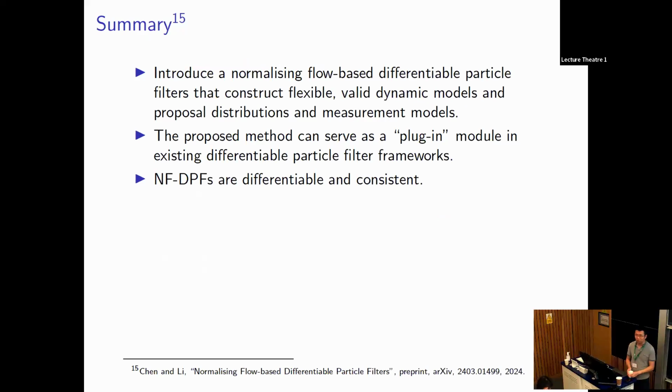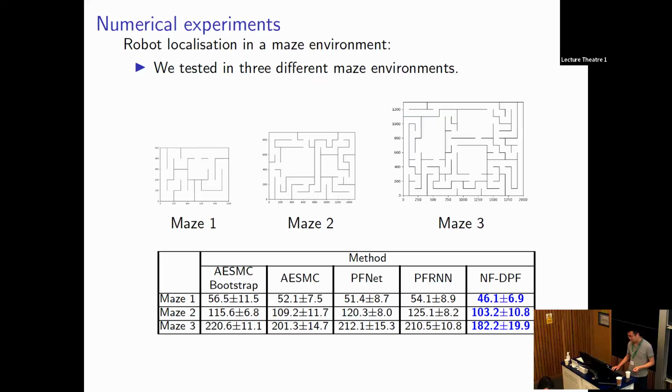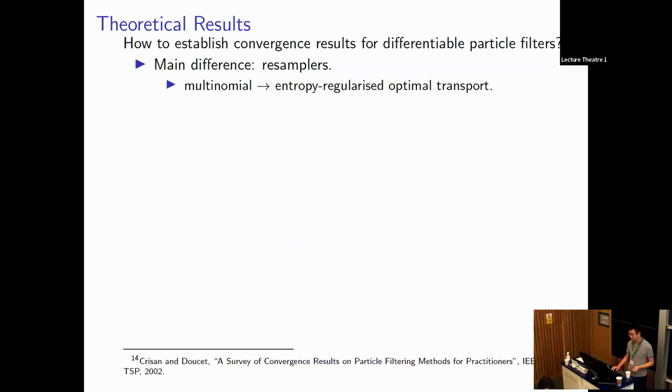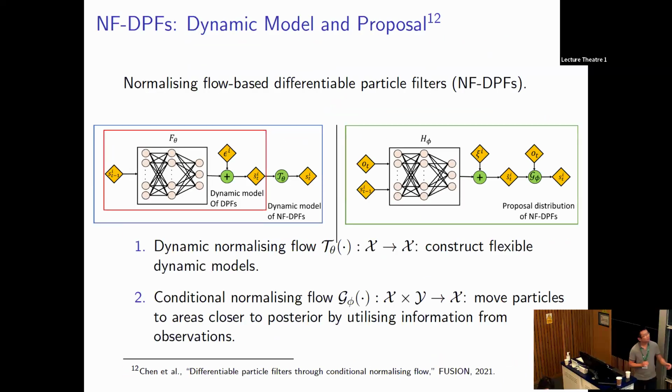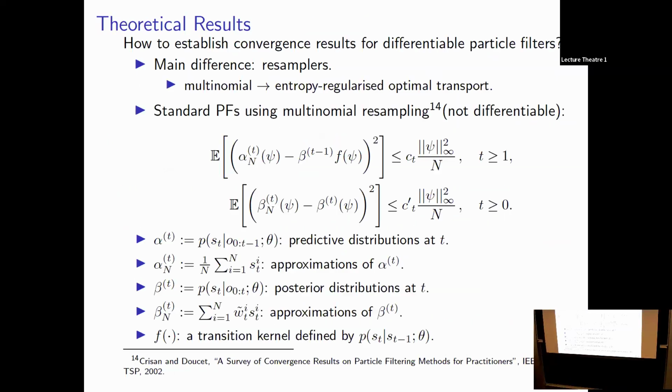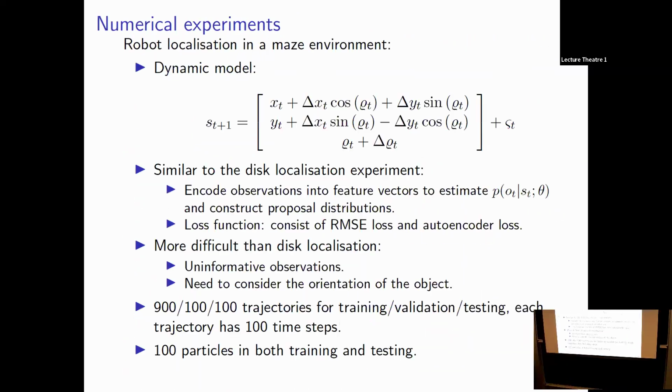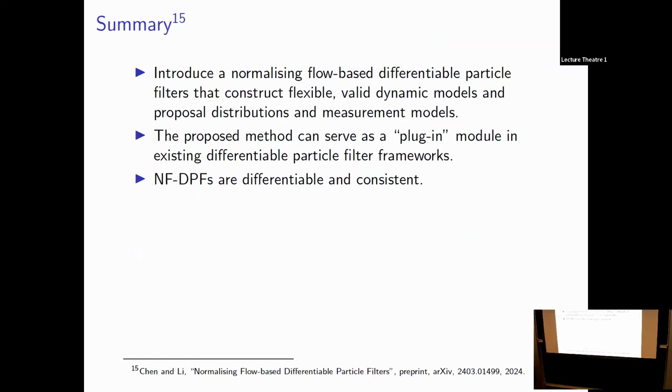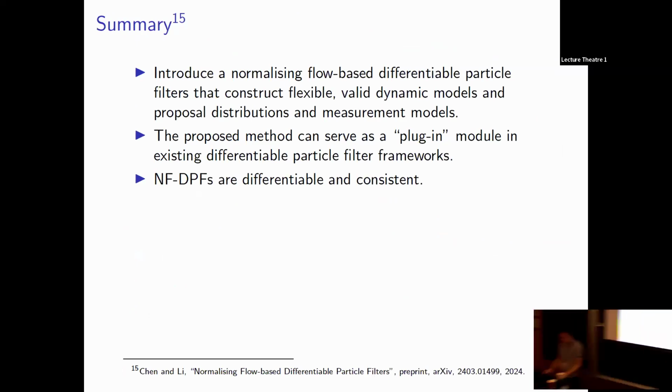For existing approaches, as you can see from the diagram I have shown here, these can simply be plugged onto existing differentiable particle filtering components, as long as the base distributions are valid distributions, so you can perform a change of variable transformation. They are differentiable and also consistent, as we showed there.